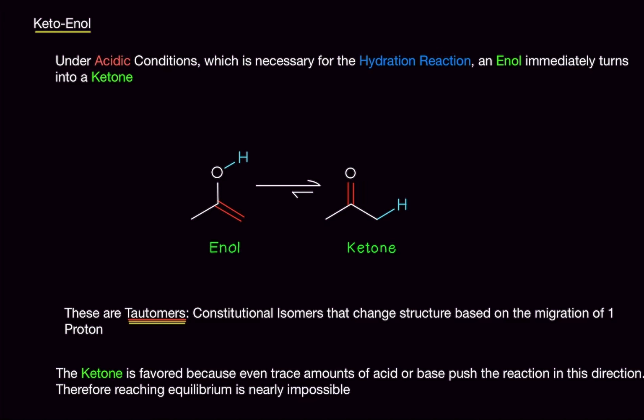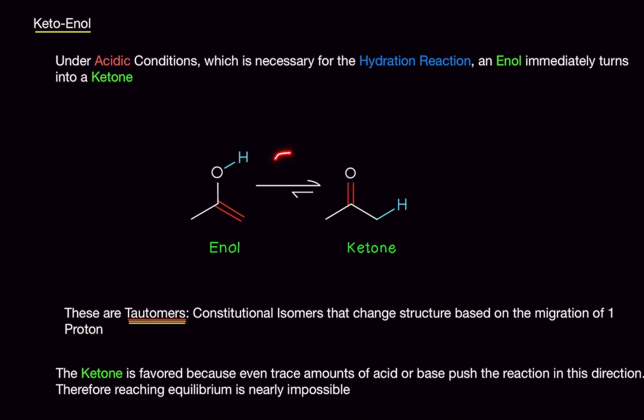That means they have the same molecular formula, but they change structure just based on the migration of one proton. We are moving this proton here. They're switching places. And that's what tautomers are. It's constitutional isomers, same molecular formula, just different structure due to the migration of just one proton, one hydrogen.